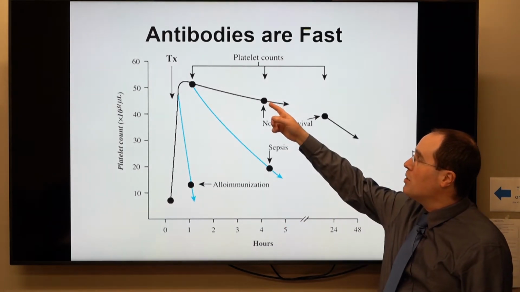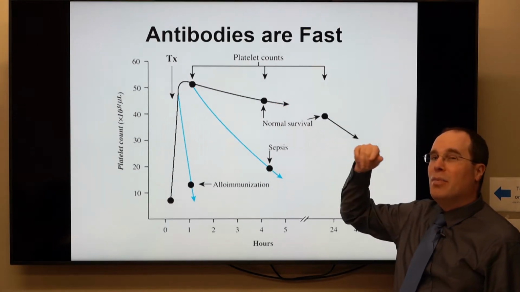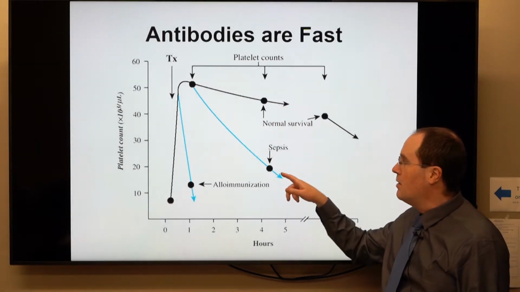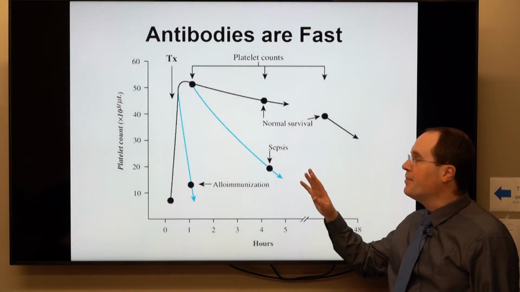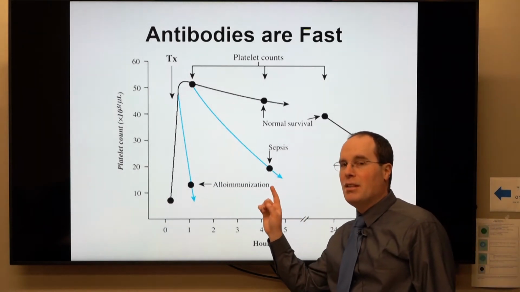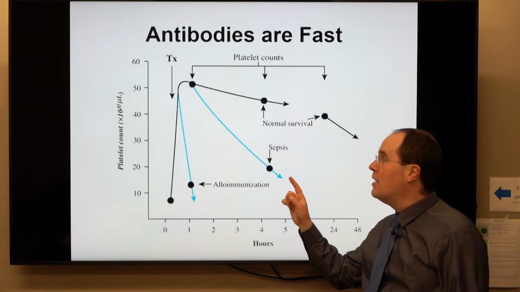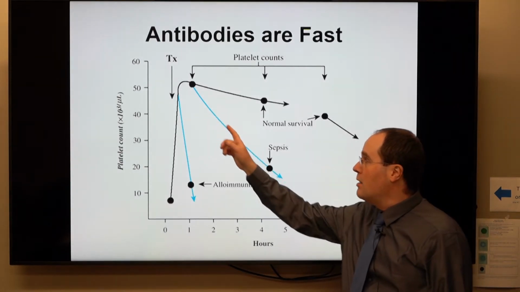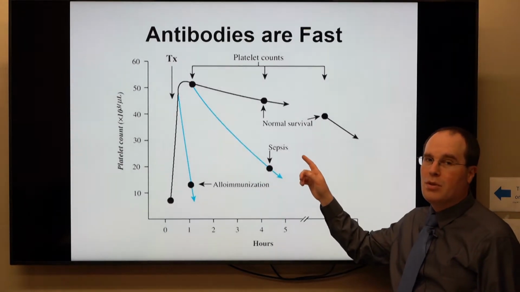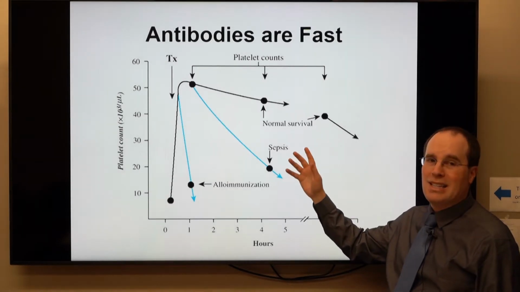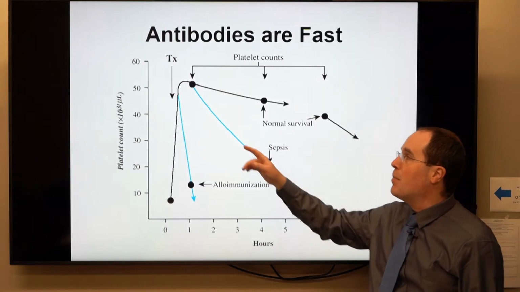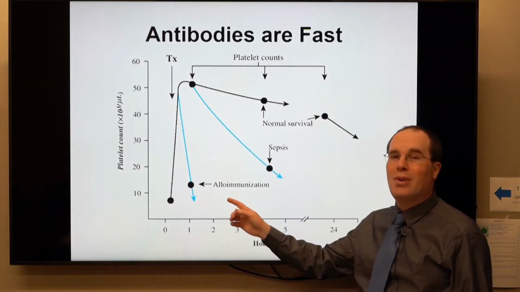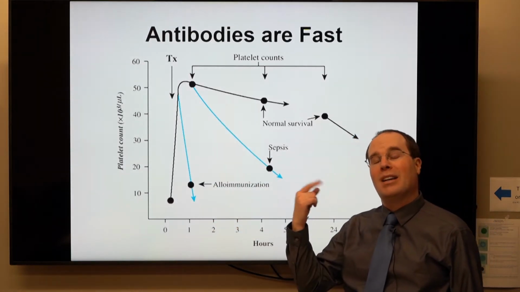In the normal circumstances, it would be high and up here. But usually in the patients we're dealing with for refractoriness, if it's low several hours later, I can't distinguish, just based on that count, between this happened slowly due to non-immune causes like sepsis, and we'll get into more of these causes, or if this happened quickly due to an antibody, right? Because antibodies tend to act fast.